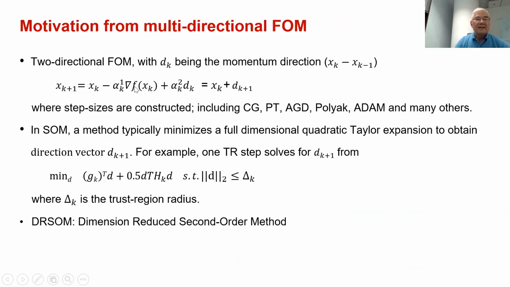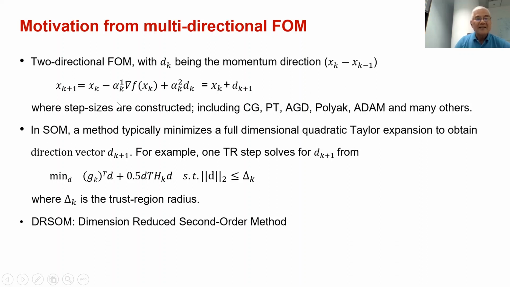So what I quickly developed as a high level idea is this: in first order methods, a very popular family is called the ADM. This also includes conjugate gradient, parallel tangent, accelerated gradient, and Polyak's momentum.